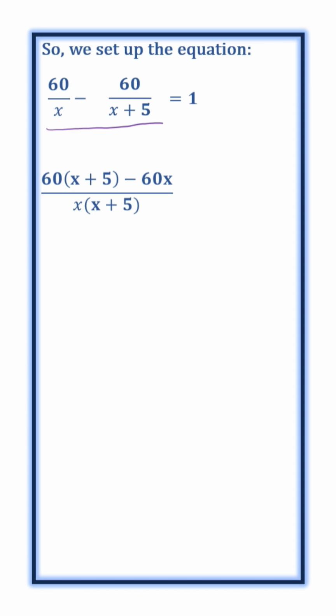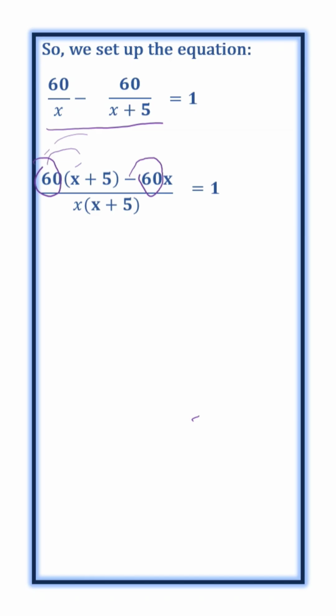Here observe 60 is common. Here you can also multiply 60 into x plus 60 into 5 minus 60x, but I am following the method to take the common thing outside.